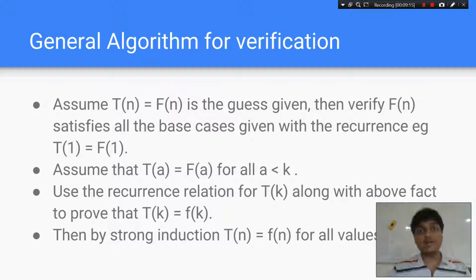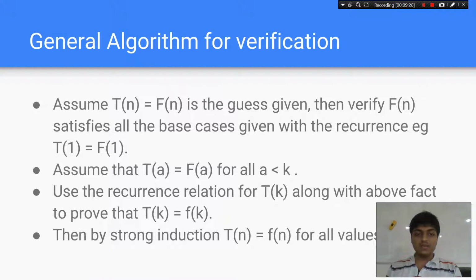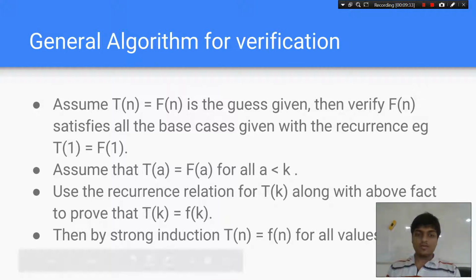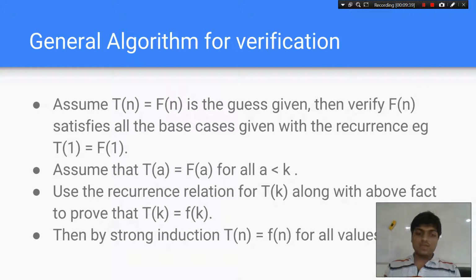Then you can assume that t_a equals f_a for all a less than k, for some arbitrary k, right? Then you will use this relation, t_a equals f_a, to prove that t_k equals f_k, okay? And you can use all the k minus 1 equations that you have here.